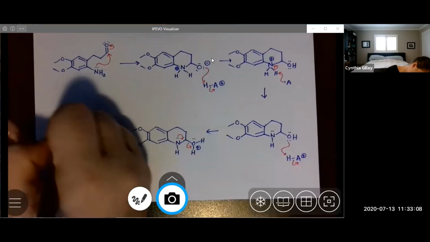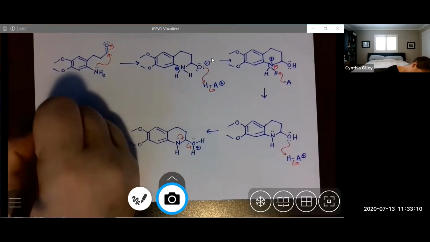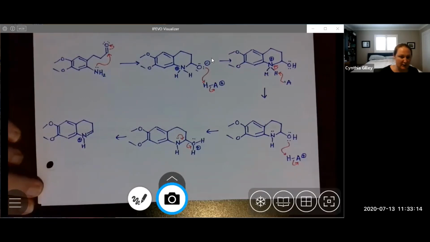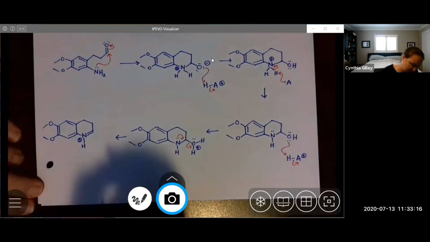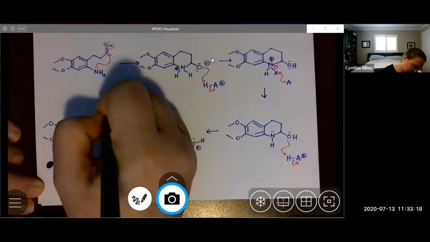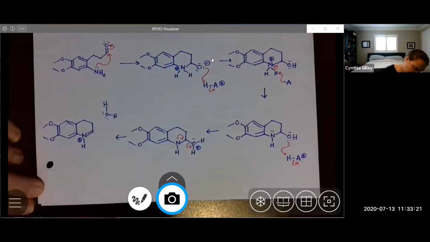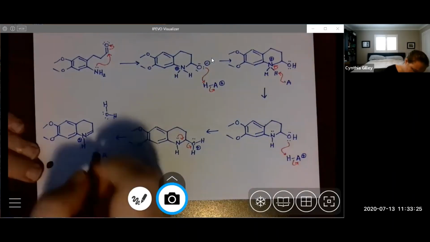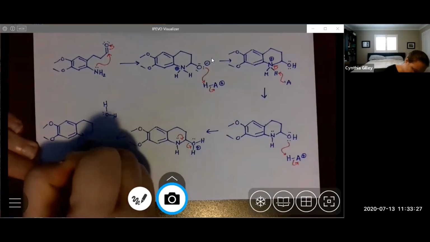And we're very close to the product now. All we need to do is deprotonate the final product here. We can just use our generic base to take that proton and generate the catalytic acid.